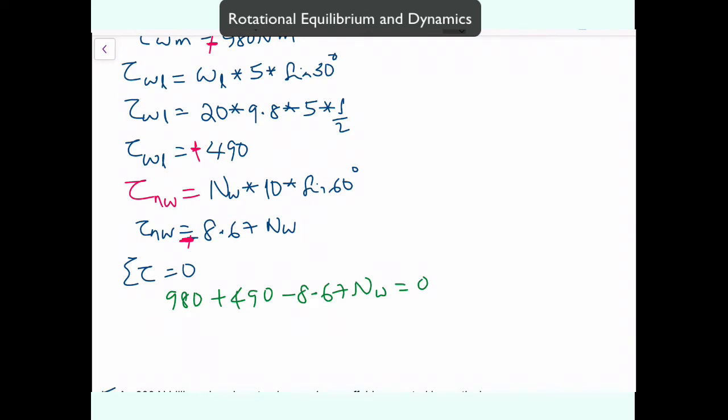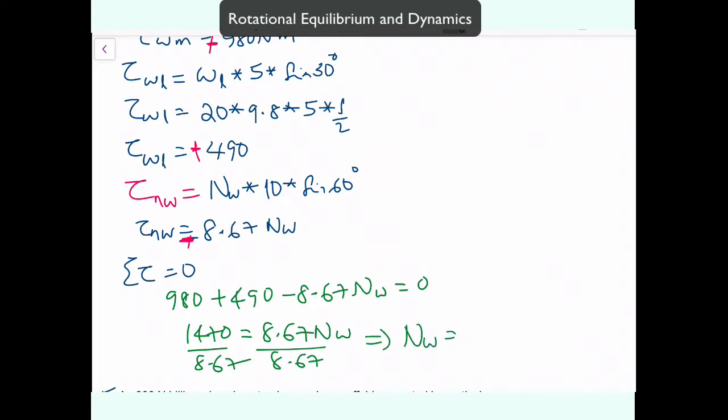So this will be 1470 equals 8.67 NW. You divide both sides by 8.67, then this will give you NW equals approximately 170 newtons.